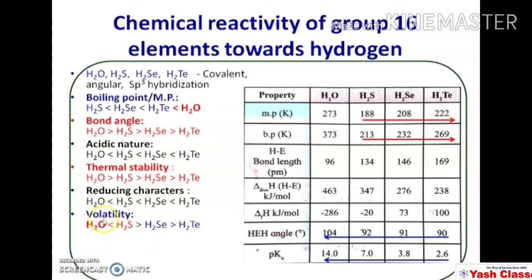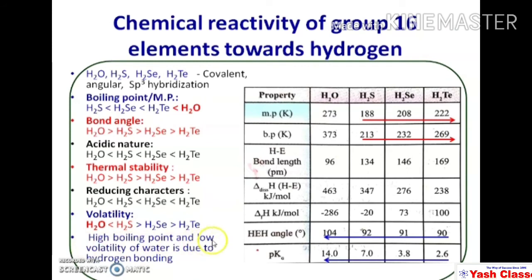Actually water is expected to be the most volatile compound because its molecular weight is less as compared to other hydrides, but unexpectedly it is less volatile than H2S and other hydrides. The reason for this is again hydrogen bonding in water, and it exists in the liquid state, while other hydrides are gases.